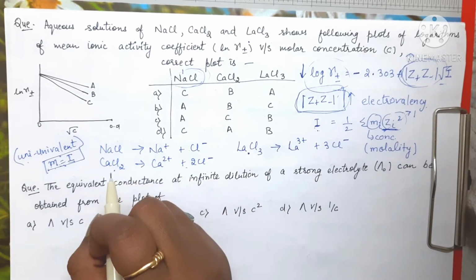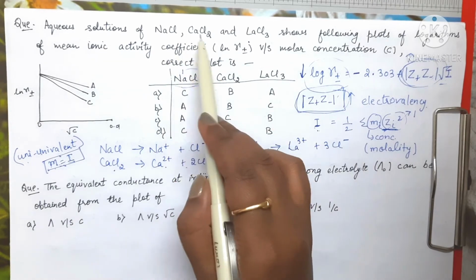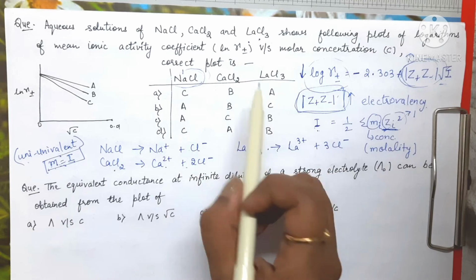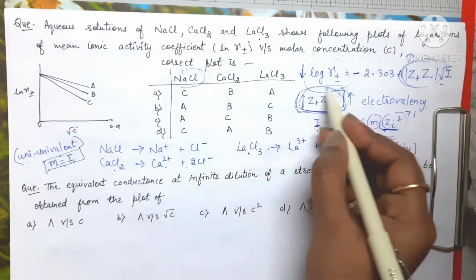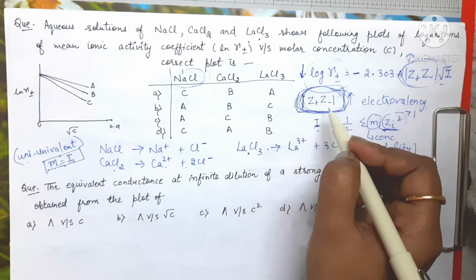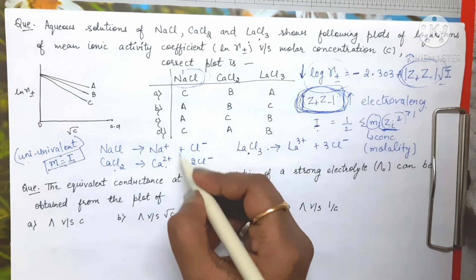So now we have to look at the mod Z positive, Z negative values. From NaCl to CaCl2 to LaCl3, the value of mod Z positive, Z negative is increasing. On increasing this whole value, electrovalency increases, so the overall slope will decrease.